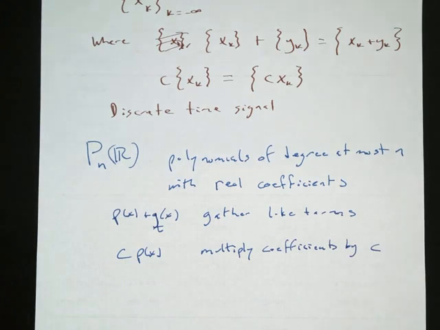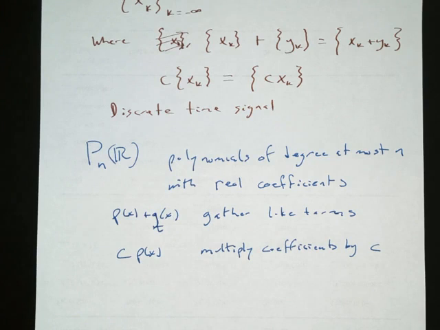If I really wanted to be anal retentive about this, I'd write out 2 polynomials of degree at most n and show you how I add them. But you've seen that back in algebra class. You know how to add quadratics, right? So these are the normal rules for algebra, and the normal rules still carry all 10 of those properties.